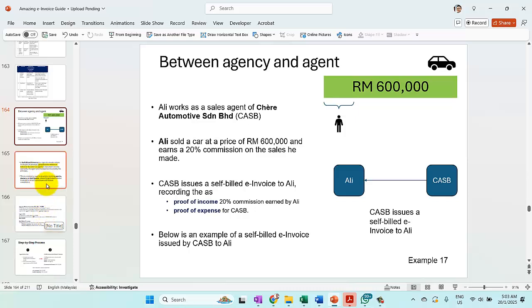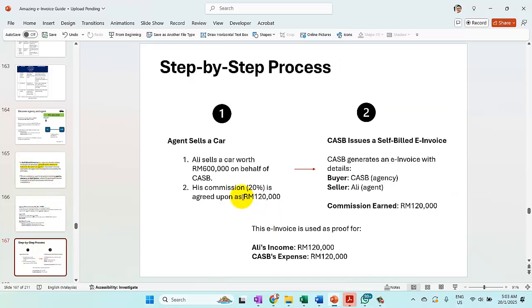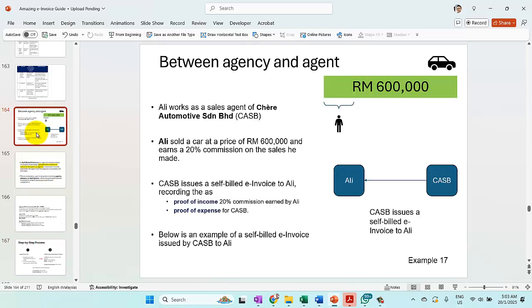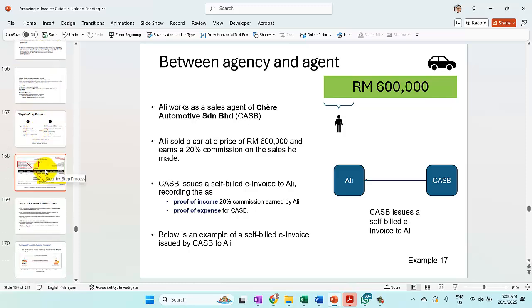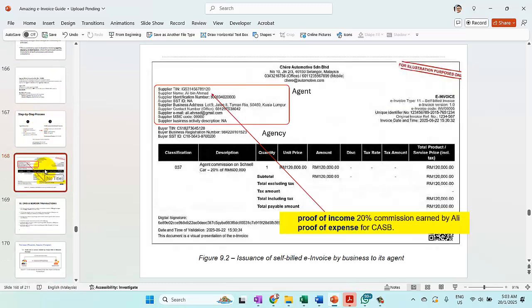How much is 20% already? Is that 120,000? Wow, 120,000, 20%. All right, just to get an idea, right? So you see here, LHDN also gives you a sample of how in the future an agent should receive an e-invoice from the agency every time they sell a car.